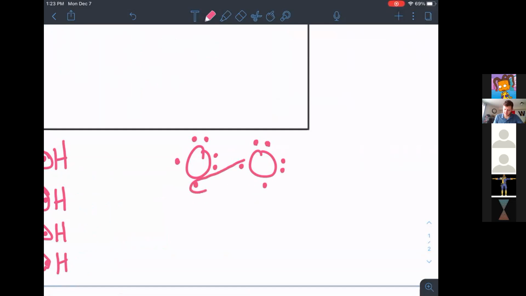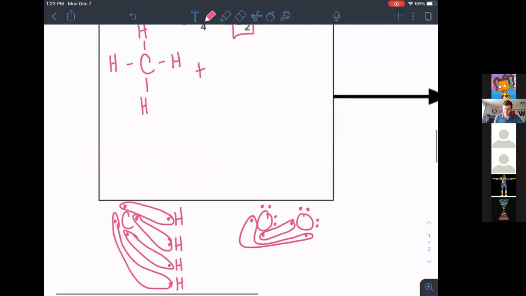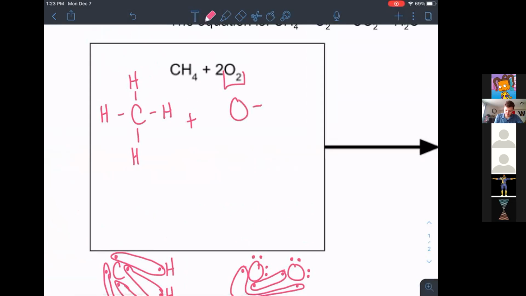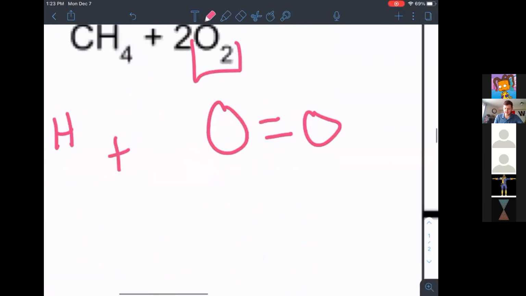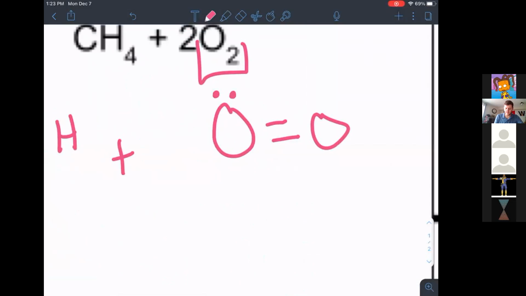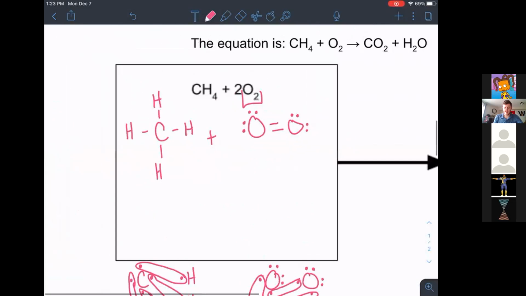So we're going to form 2 bonds between the oxygens, creating a double bond between our oxygens, leaving the other 4 valence electrons or the lone pairs still on the sides. And we have to add 2 of them because there are 2 of them in our equation.